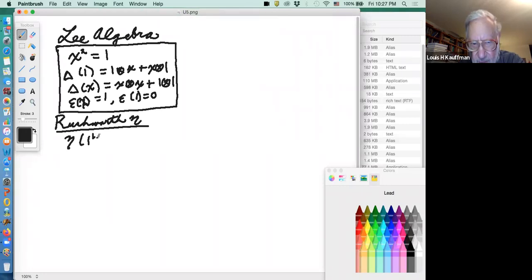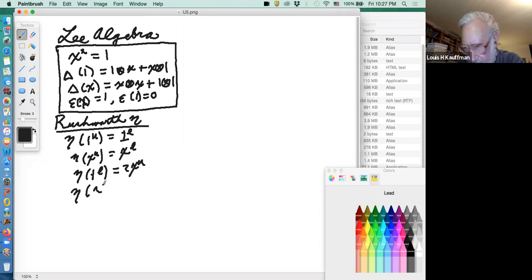And the Rushworth eta is as before. Eta of 1u is equal to 1 lower. Eta of xu is equal to x lower. Eta of 1 lower is equal to 2x upper, and eta of x lower is equal to 2 times 1 upper, not 0.